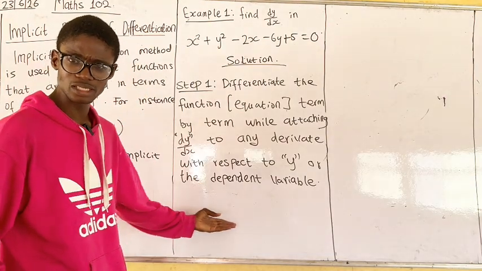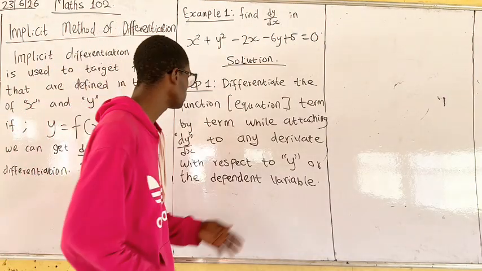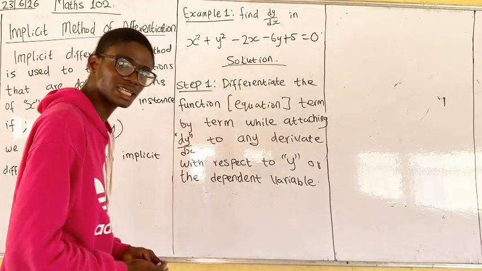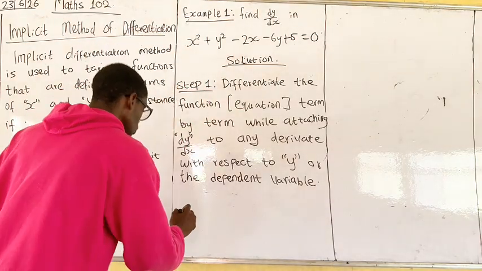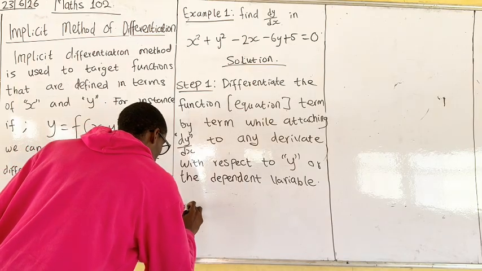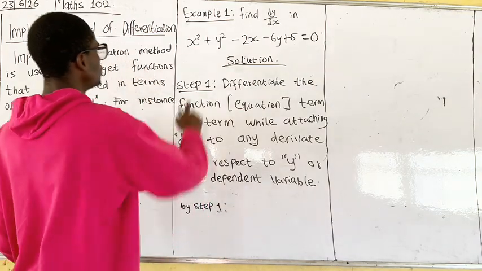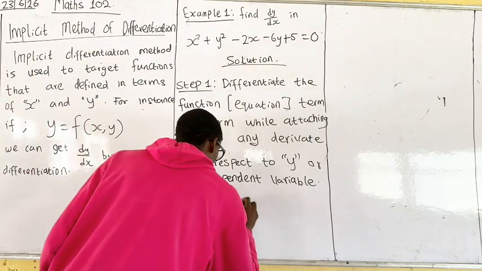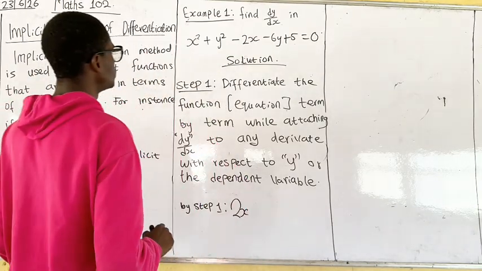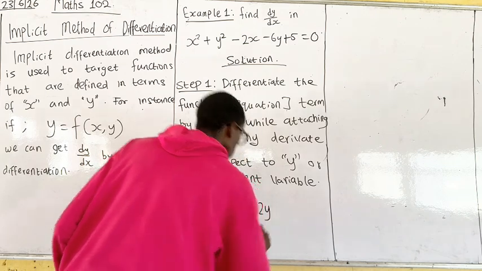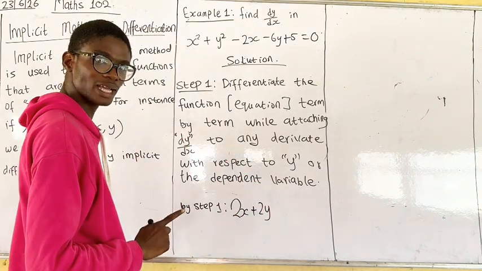So can we implement this step 1? Let's implement it now. If you want to differentiate this by your normal general method, what will it give you? By step 1, differentiating this will give you 2x, then plus 2y. Do I end here?